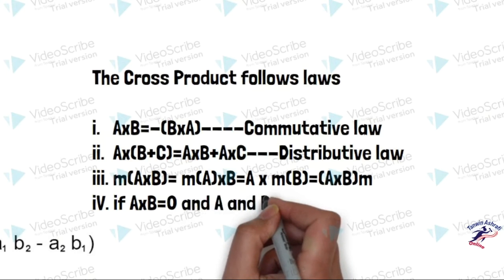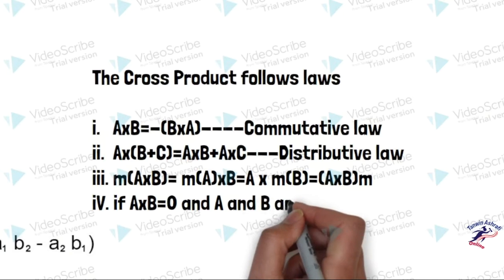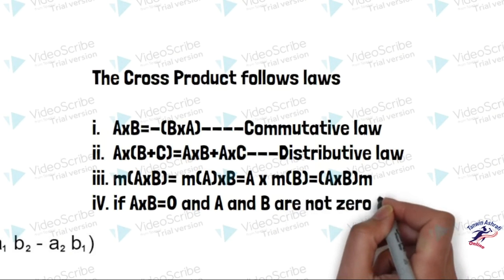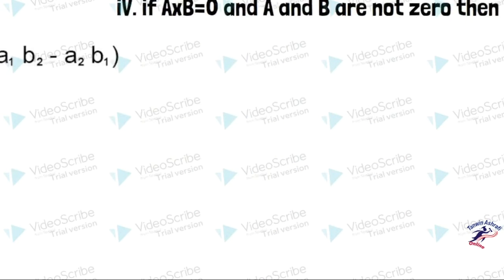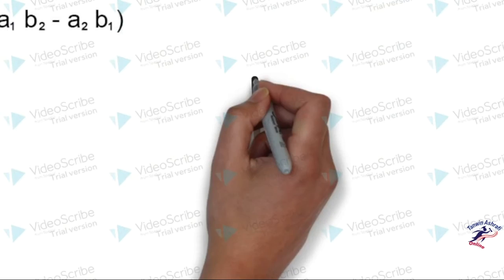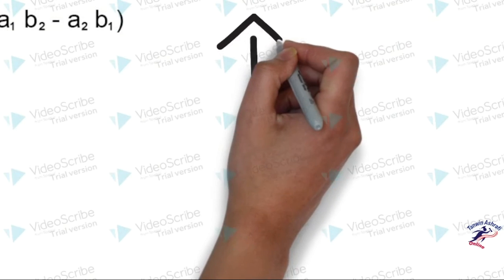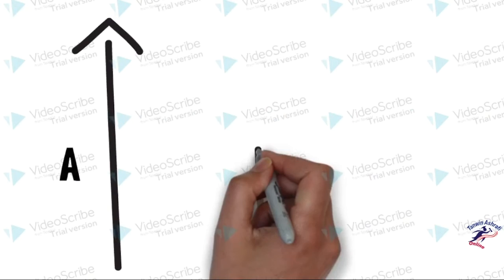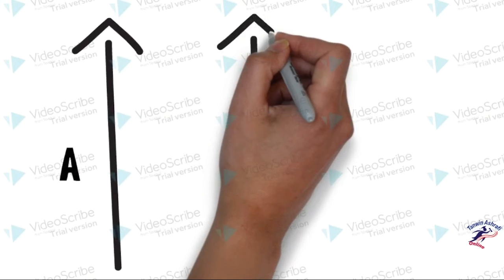Now if we have A cross B equal to 0, and A and B are not 0, then what will happen? Vector A is parallel to vector B. That is the conclusion.